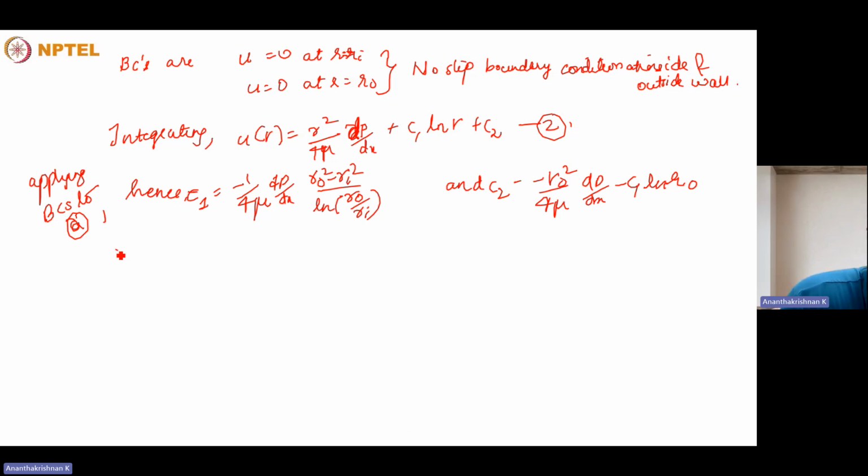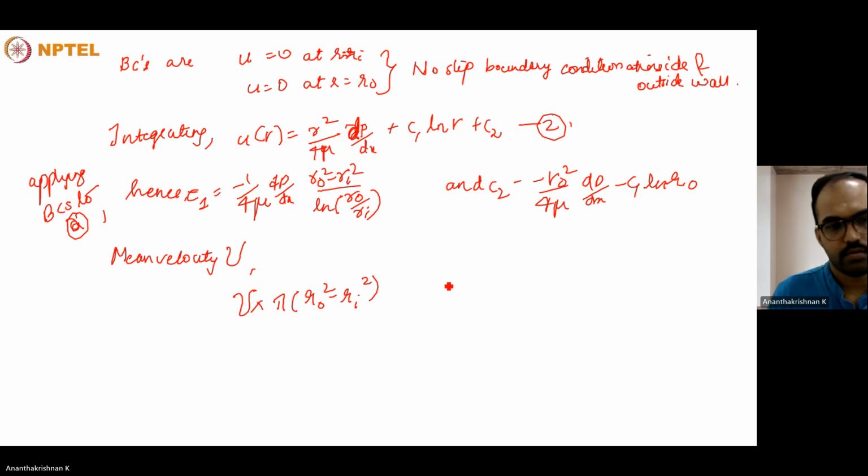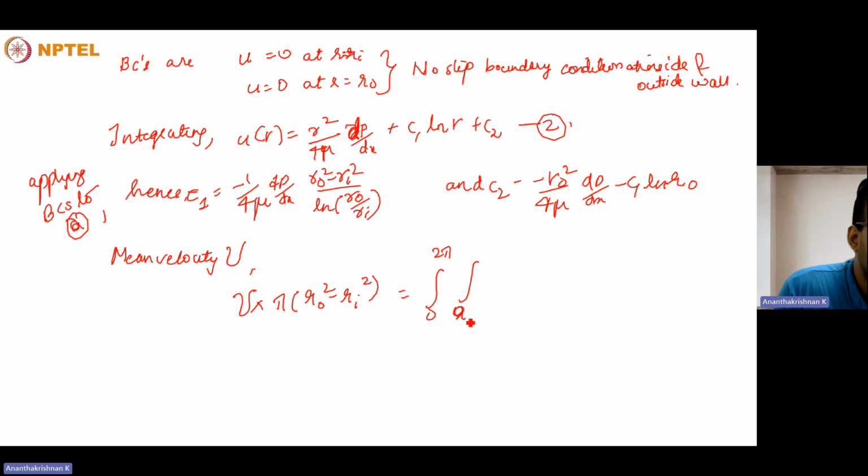The mean velocity, we can represent by capital U. So we can write U into the cross-sectional area, pi times R outer squared minus R inner squared, is equal to the integral from 0 to 2 pi in the theta direction and R inner to R outer with respect to radius of the local velocity U(R) R d theta dr.